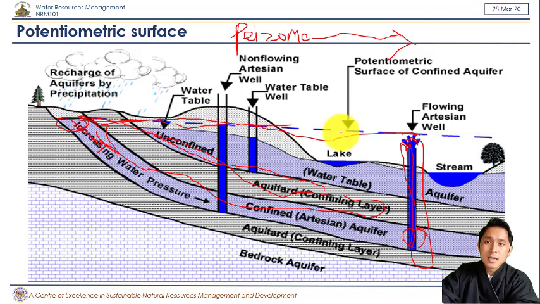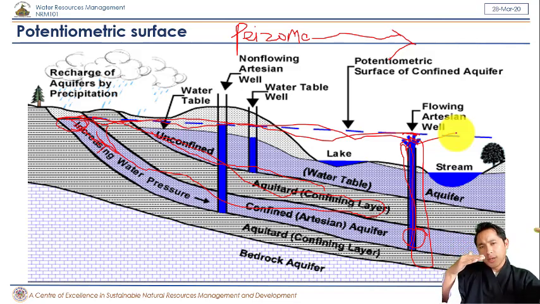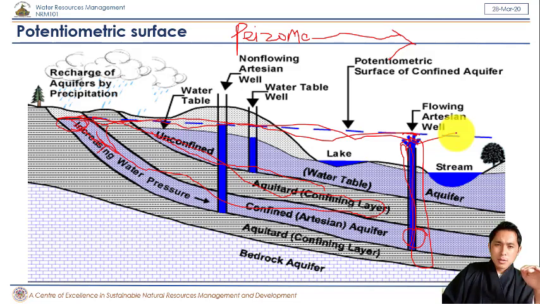So this is the height where water will come out and reach. This is an estimate of where water has reached in the confined aquifer. So the piezometric or potentiometric surface is an imaginary line of water up to which confined water under huge pressure can come out.